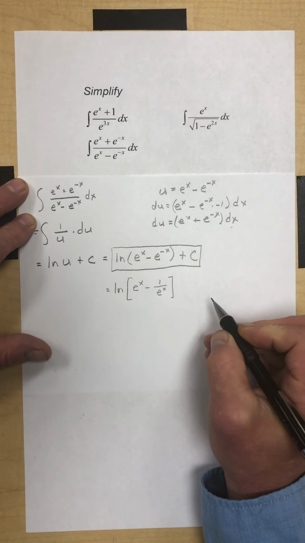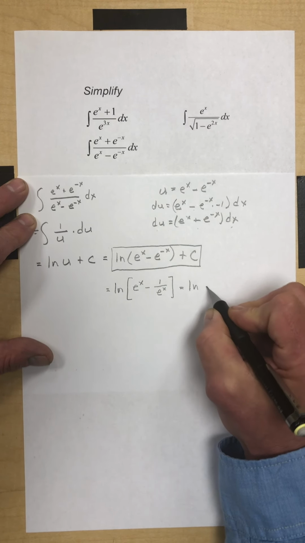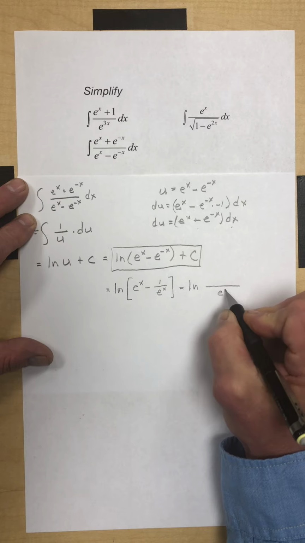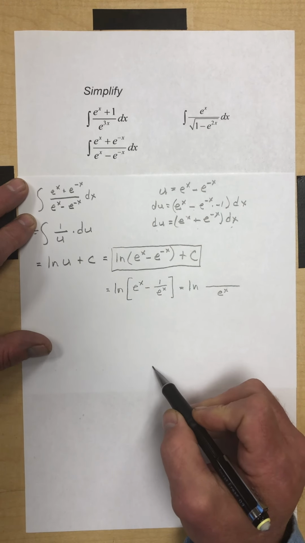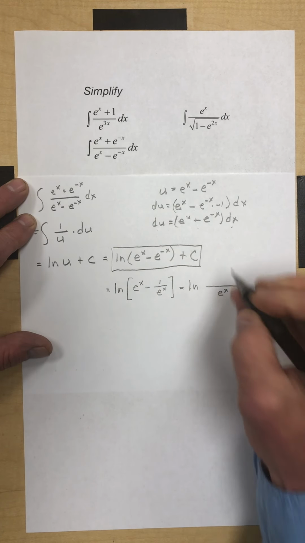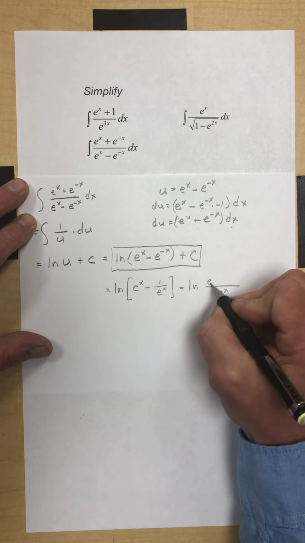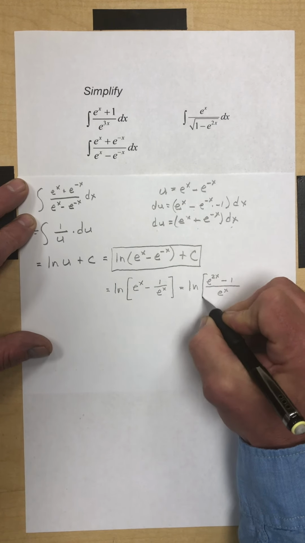And so your common denominator is e to the x. So we get the natural log of, we know e to the x goes down below. So here I'd have to multiply above and below by e to the x power. So when I go e to the x times e to the x, I get e to the 2x minus 1, like this.